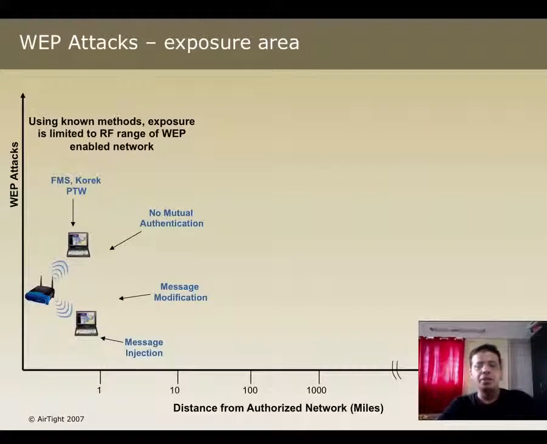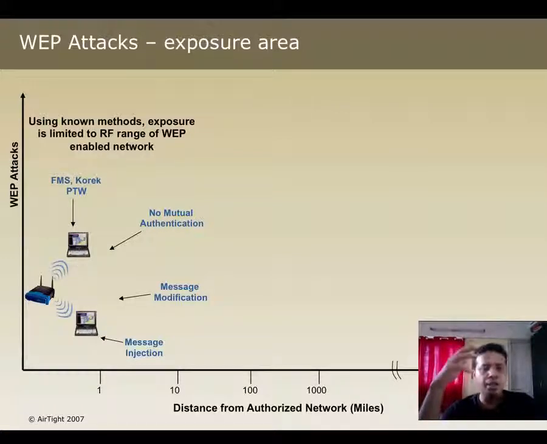So now let me try and make you understand exactly what the cafe latte attack is. Before cafe latte was discovered, all the WEP attacks, whether it was the FMS, Korek, PTW attack or any of the other attacks, were all limited to the exposure area till where the RF signal would go.